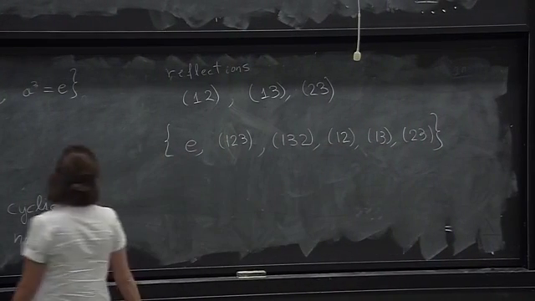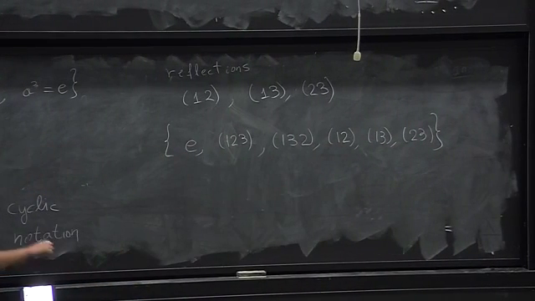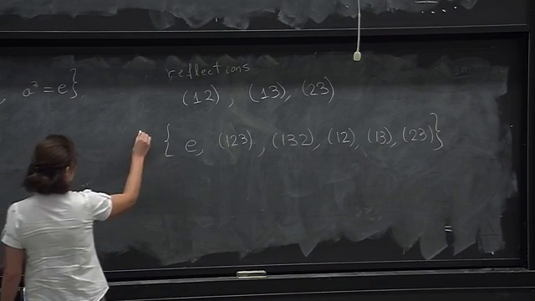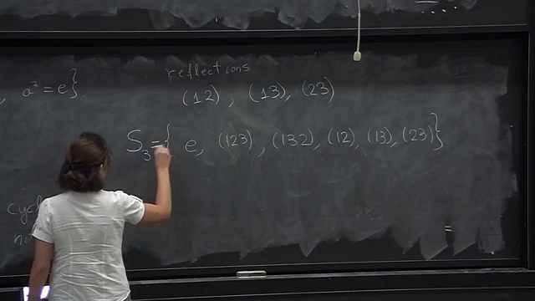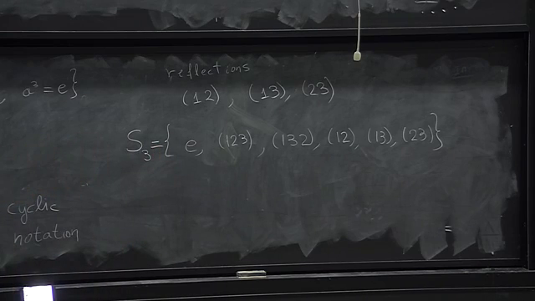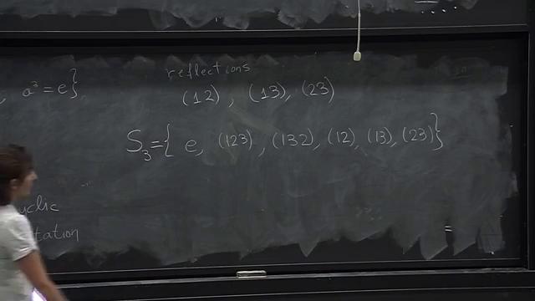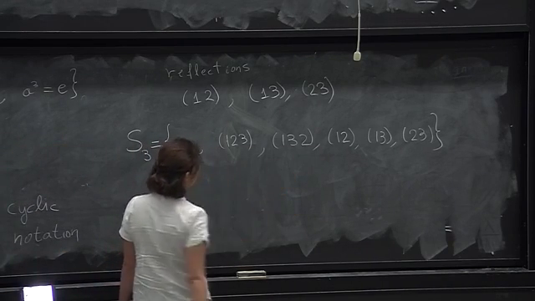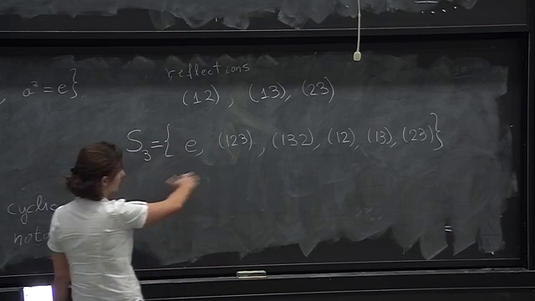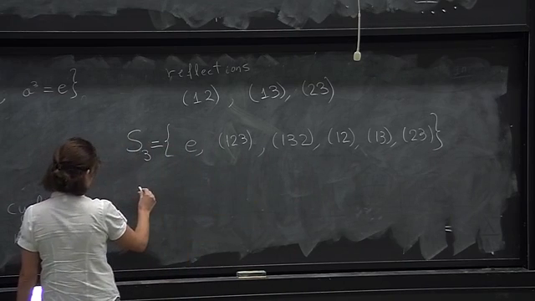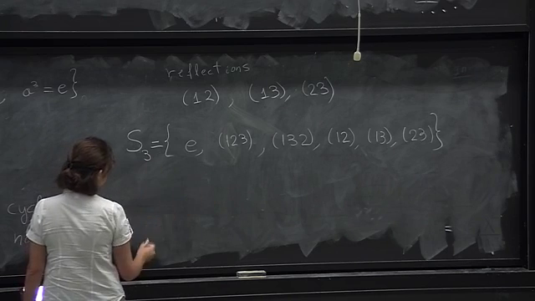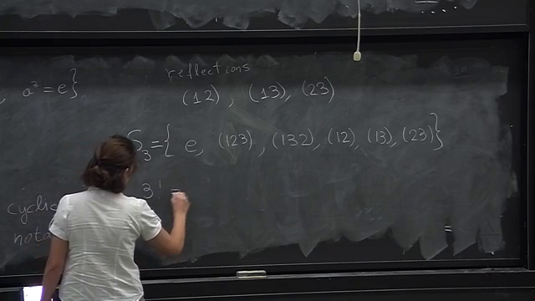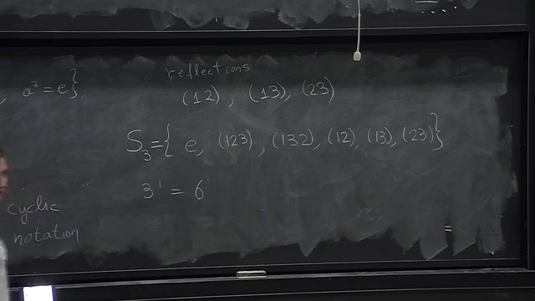And this is the complete group of permutations of 3 elements, which we denote as S3. Okay? The only permutations you can take of 3 elements are these. Since we're considering permutations, this group has 6 elements.